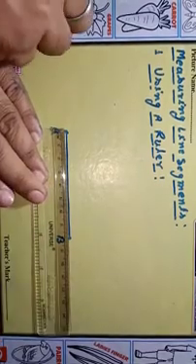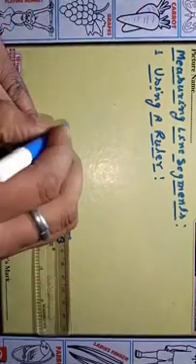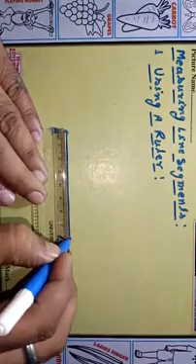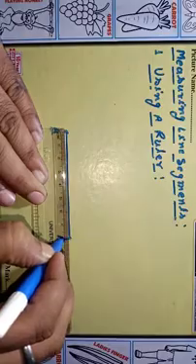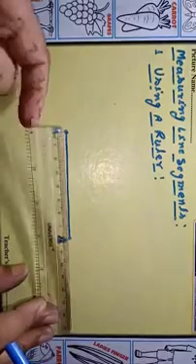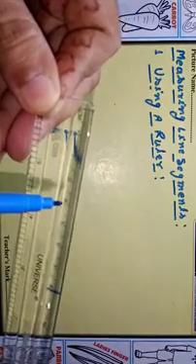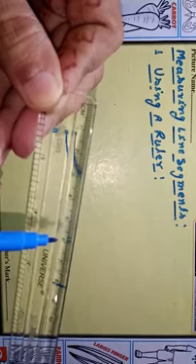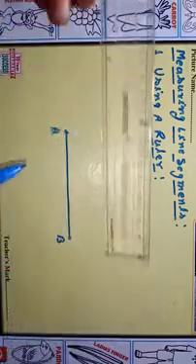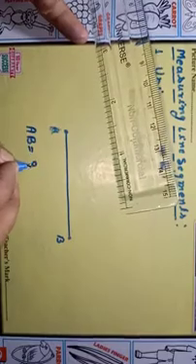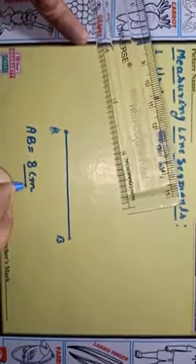Point A is at 0 and the last point is here. Now we count 0, 1, 2, 3, 4, 5, 6, 7, 8. Then the length of AB is equal to 8 centimeters.